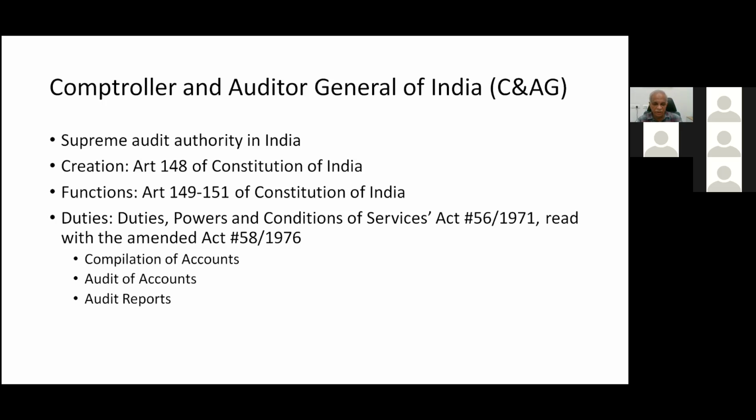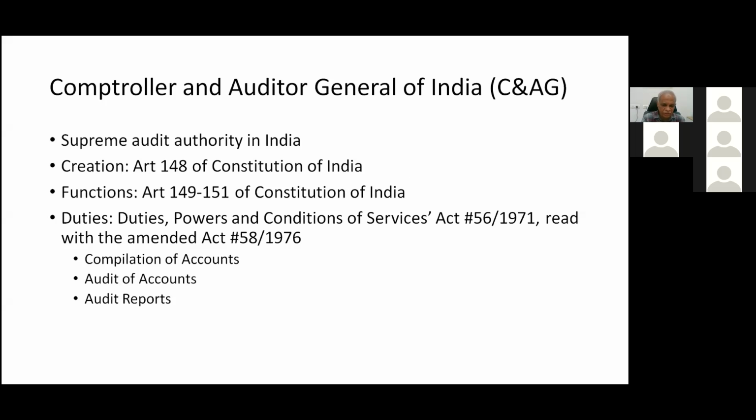As far as the railway organization is concerned, the compilation of the audit report rests with the Deputy Comptroller and Auditor General of India, Railways. He will be working for and on behalf of the C&AG. The compilation of audit reports, this duty completely rests with the Deputy C&AG Railways.